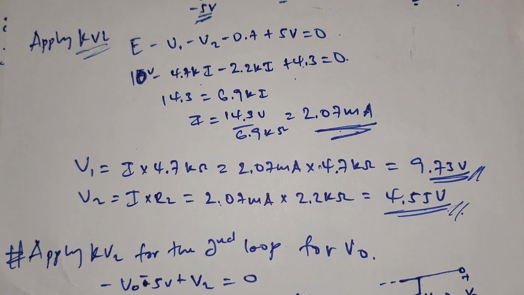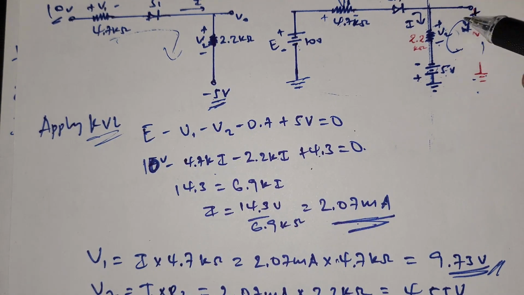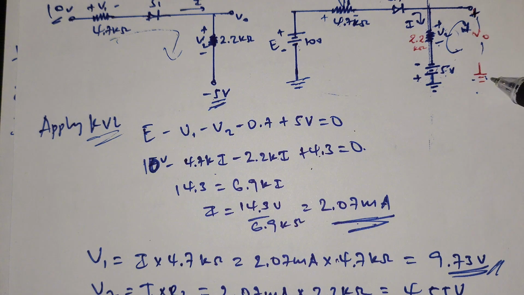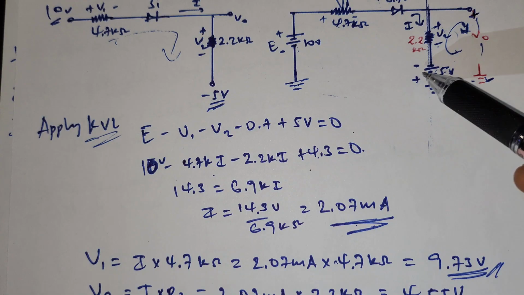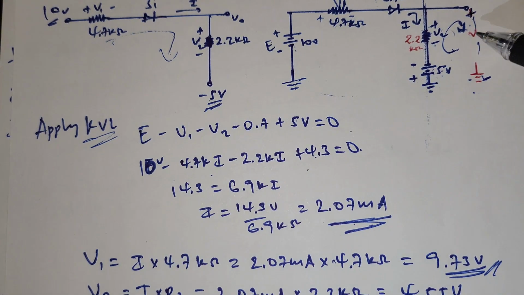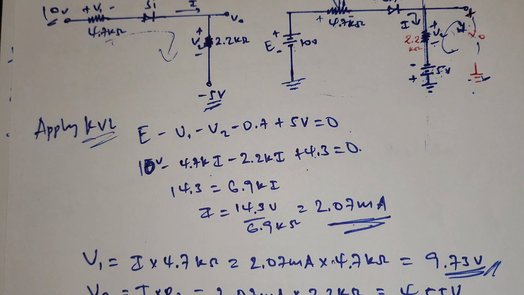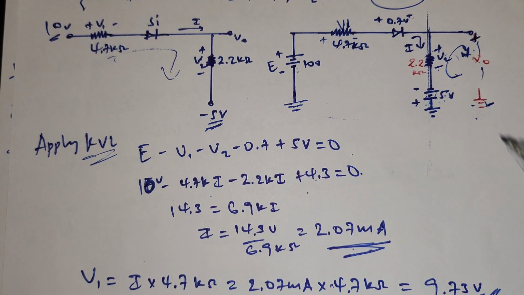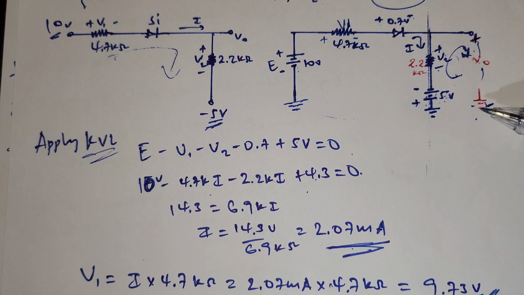This is the positive of V output. The current enters the positive terminal of V output and leaves into the negative terminal, or the ground. These two have the same polarities, the V output and the 5 volt, when we apply KVL, because the current enters the positive terminal.